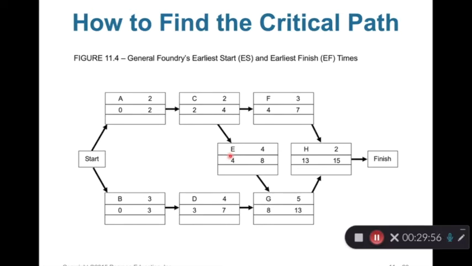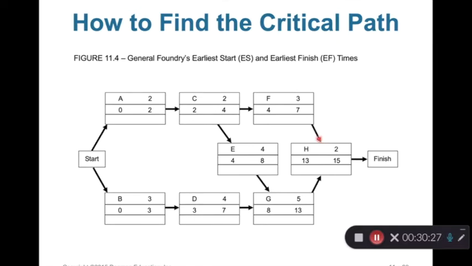This violates the relationship rule because we have to complete E and then we can start G. This kind of relationship exists because E is the immediate predecessor of G. So this is very important. You should understand this. And then you can see we got 8. 8 plus 5, 13. So the EF for G is 13.